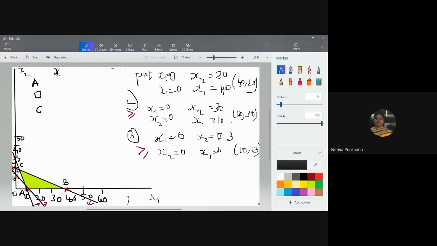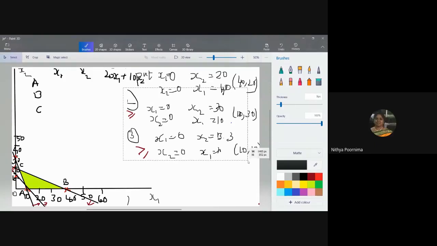What is the value of x1, value of x2, and your min z will be 20x1 plus 10x2, correct, right? Yes, ma'am.